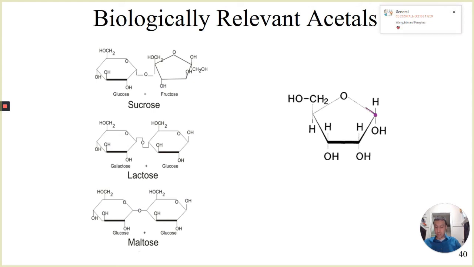And it's that carbon that is connected out to our oxygens. In some cases, you're just looking at a hemiacetal. In other cases, you're looking at full acetals. For instance, lactose is a full acetal because it's connected to oxygen and then that carbon.